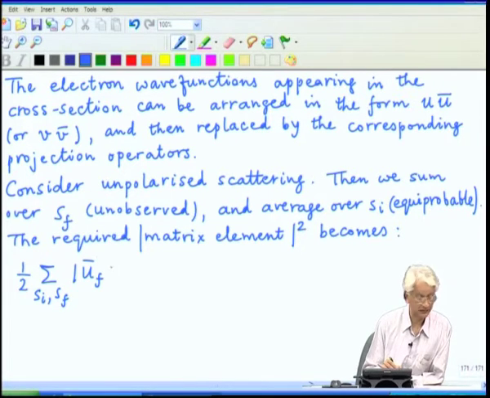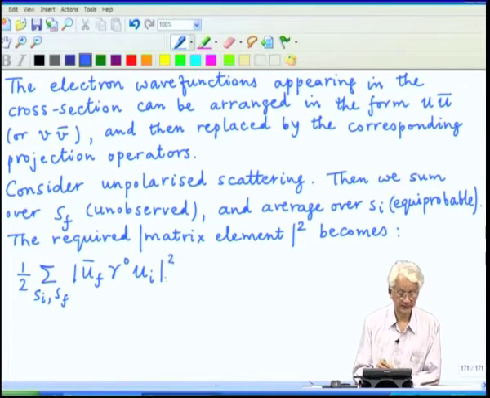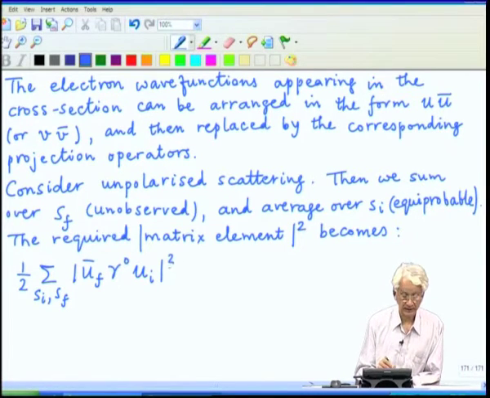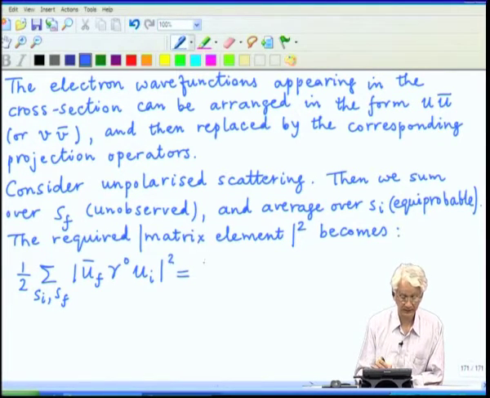The matrix element which we had was u bar f gamma 0 ui whole thing square. So, now we use the rules for rewriting this square, and the result is just the structure which I described last time.